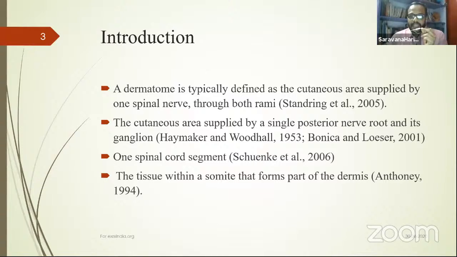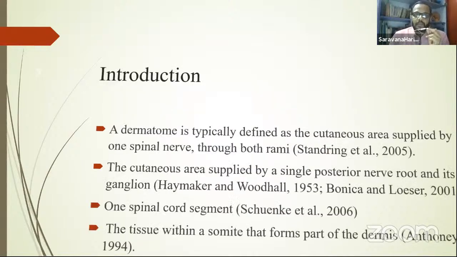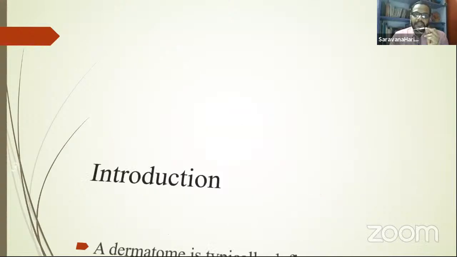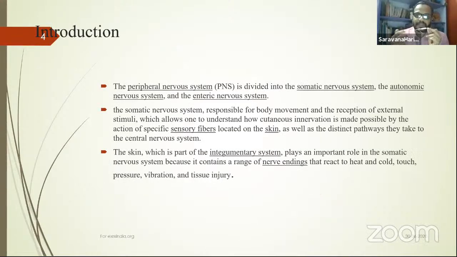And apart from that, in embryology, they say it is a tissue which comes from the somite. It's a part of the dermis. That is why it is called dermatome. So there are different ways we can describe the dermatome. Now, the peripheral nervous system again divides into the somatic nervous system and the enteric nervous system.